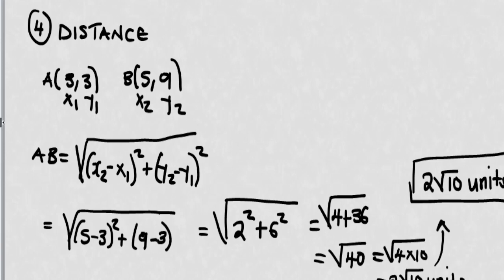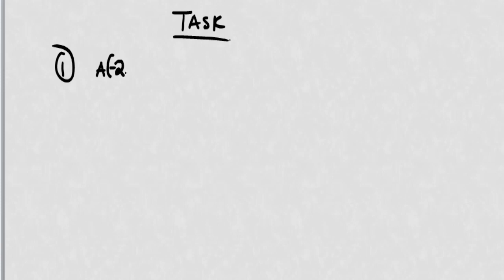Now I want to give you a work that you can try. So the first one is, I want you to try out this question. Suppose you've been given two points, point A and B. Let's say point A with coordinates -2, k.